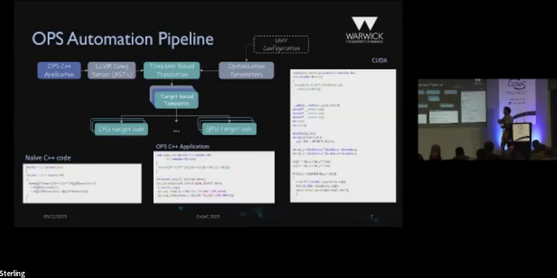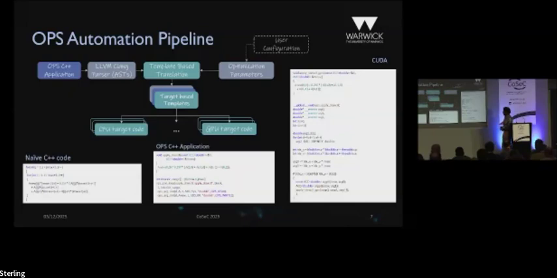That means the rest of your application can be pure C++, but your stencil operations can be abstracted with these declarative APIs. You don't need to worry about whether you are running on a multi-node supercomputer, NVIDIA GPUs or AMD GPUs. The rest will be handled by OPS.